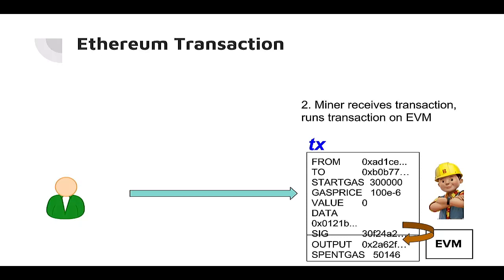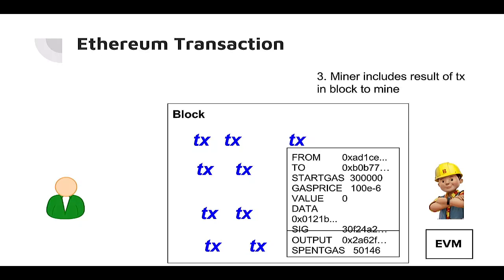User accounts are much easier. As a result, we get some output. I'll talk about gas in a bit. That output is here, and the miner will then put this transaction inside a block that contains a whole bunch of other transactions, grouping them together, just like Bitcoin does with Bitcoin's blocks of transactions.